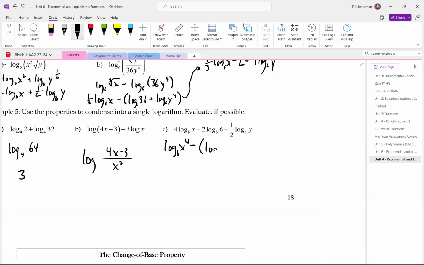So I make this now log base B of 36 plus log base B of, how can I write this nicely? Square root of y, does that make sense? So now this is gonna help us avoid the triple stack fraction or the complex fraction. Do you see how this helps? Yep. Log base B of 36 root y.